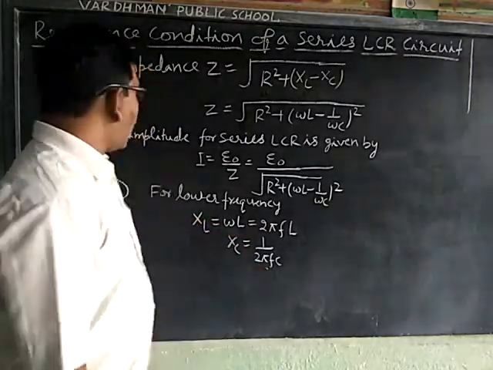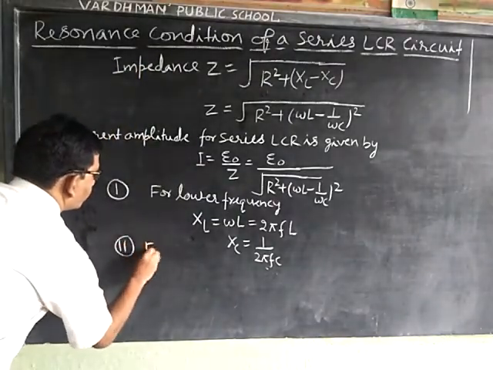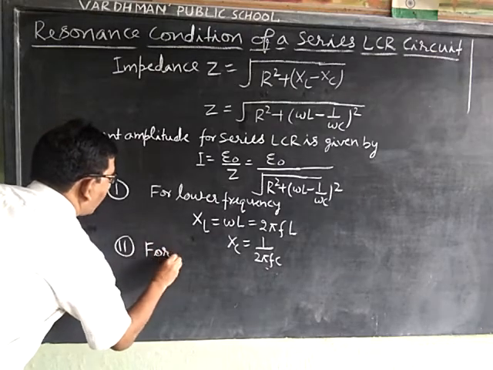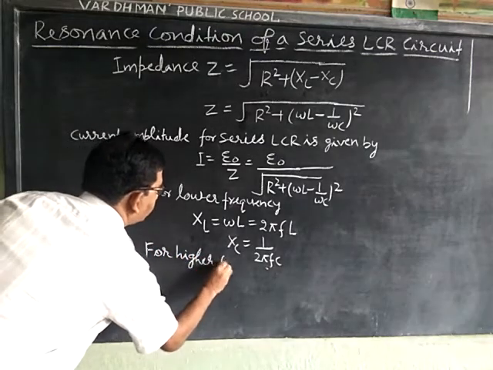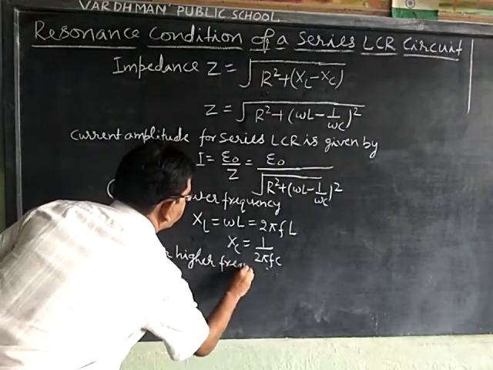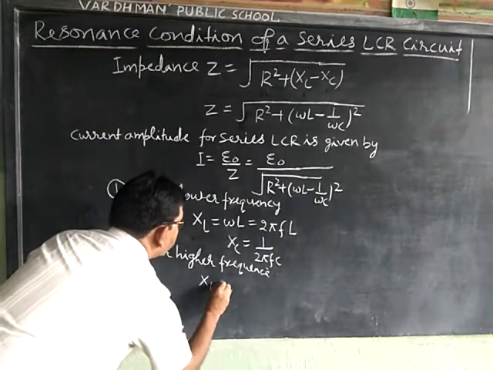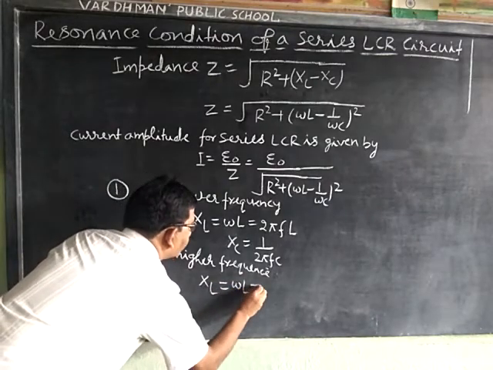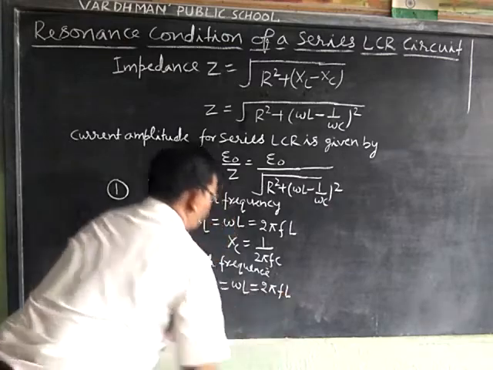For higher frequency, XL is equal to omega L is equal to 2 pi FL.